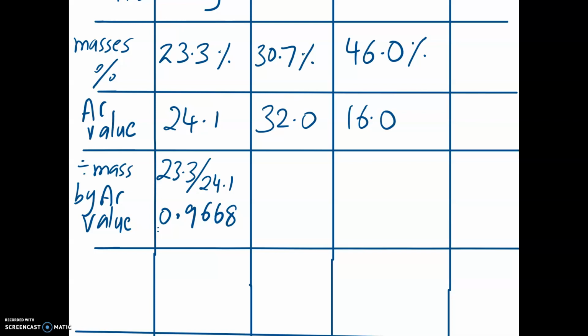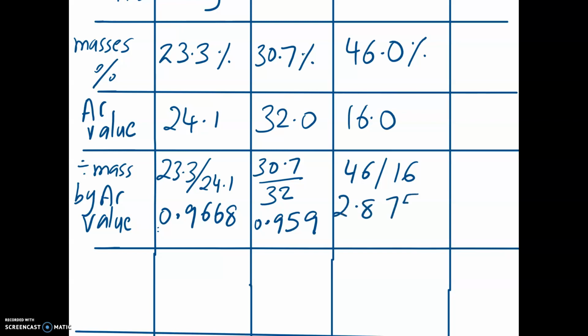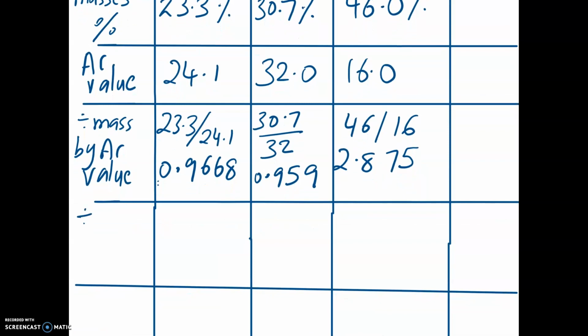If we then do 30.7 divided by 32 gives you 0.959. 46 divided by 16 gives you 2.875. So the next step is to divide by smallest number.